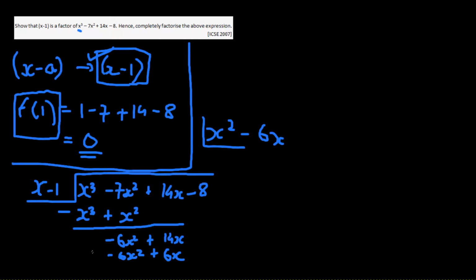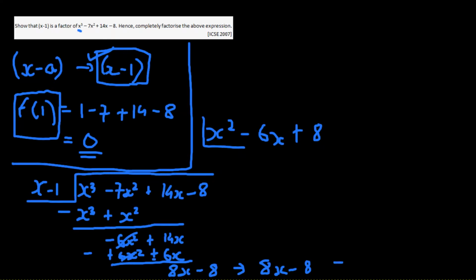So this becomes a plus, this cuts out basically, this becomes a minus. So over here you get 8x minus 8. Now what do you need to multiply x with to get 8x? So that's 8. So I'm just continuing it here, but it's clear that you're going to get 8x minus 8. So when you subtract, you're going to get a remainder 0.